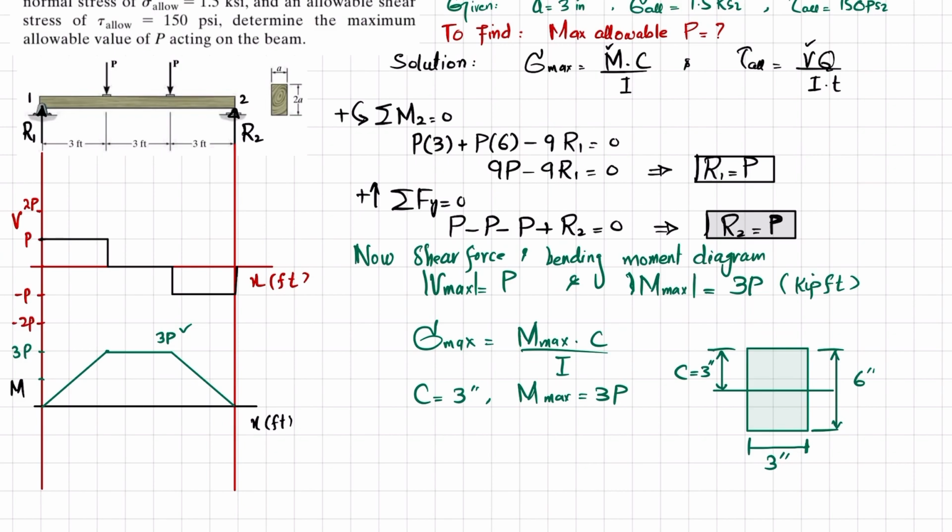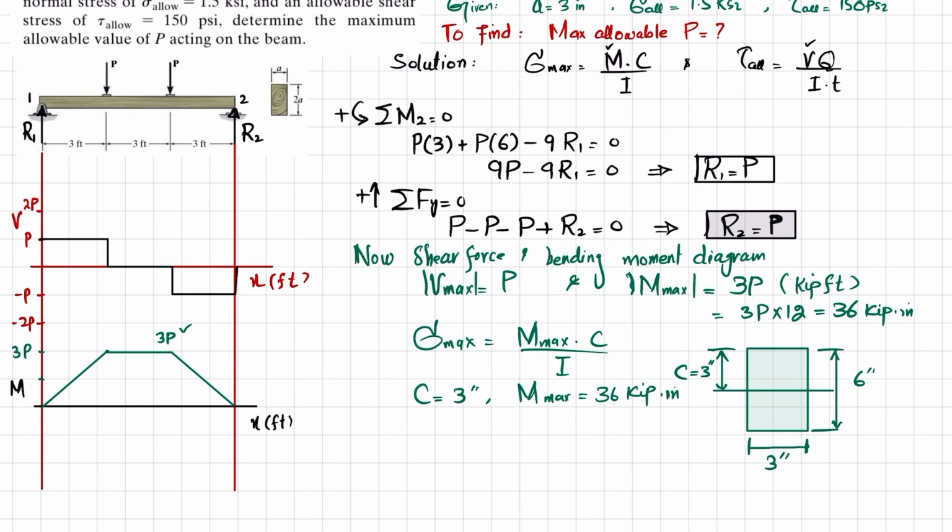So if you convert it into inch, 3P into 12 is equal to 36P kips into inch. So I will also write it over here, that is 36P, and the unit is kips into inch.